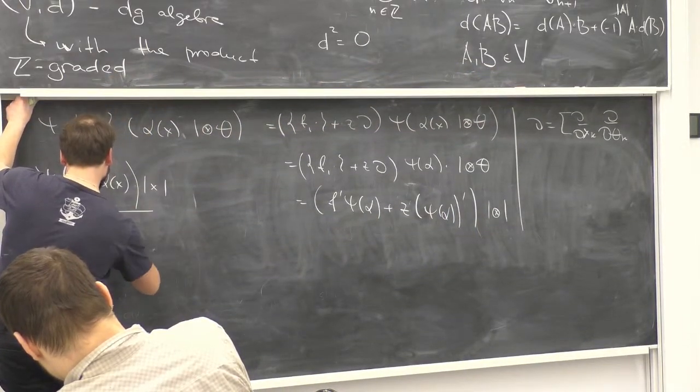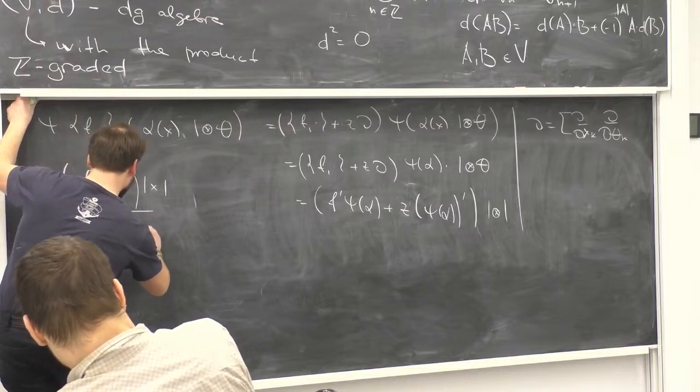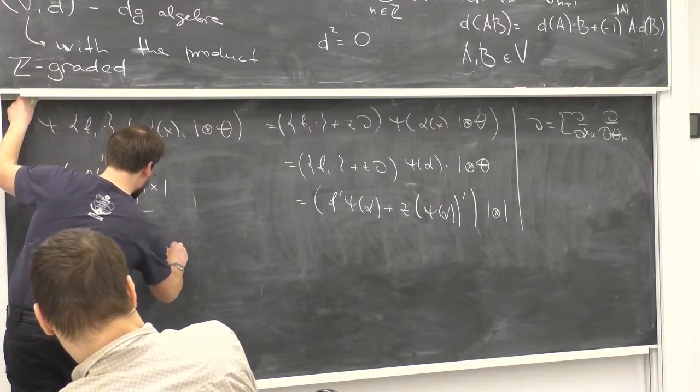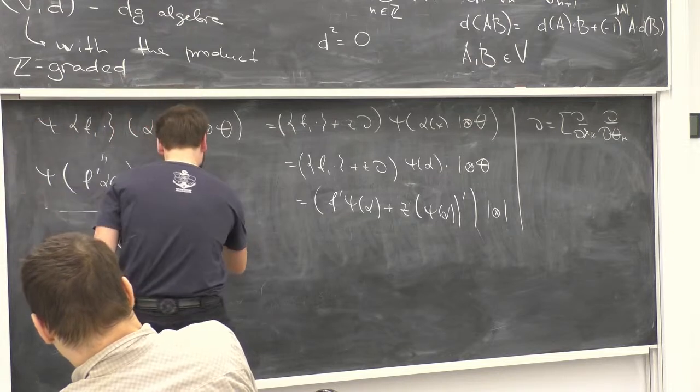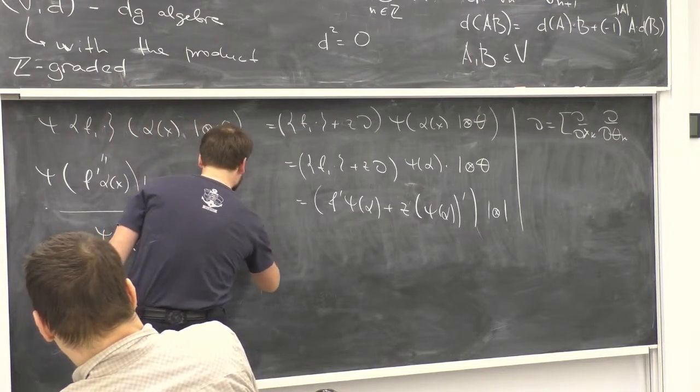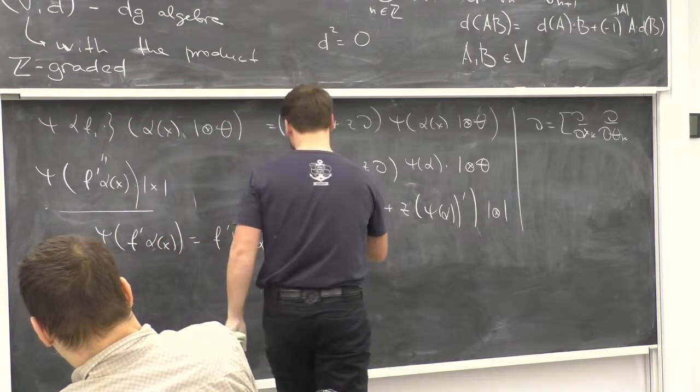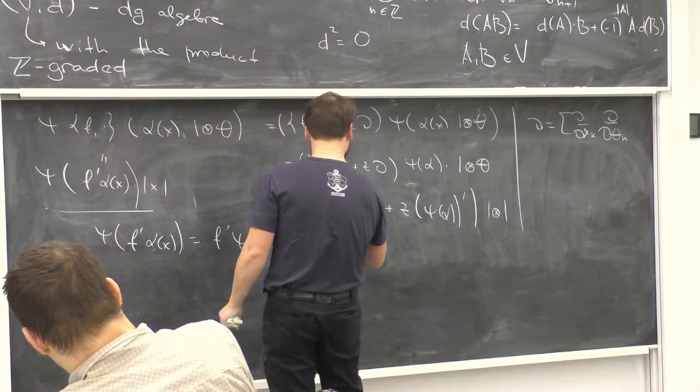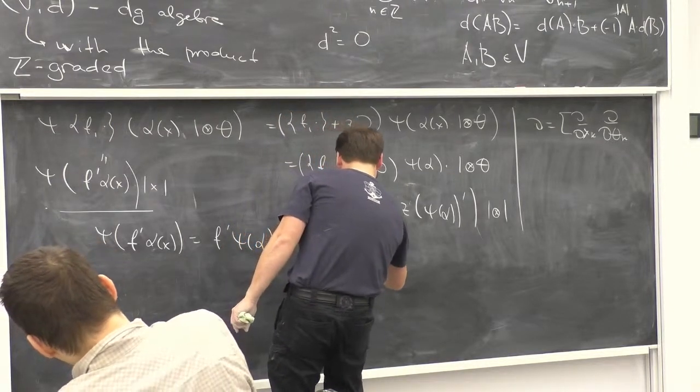It's enough to have that psi of f prime alpha of x is equal to f prime plus z psi of alpha prime.